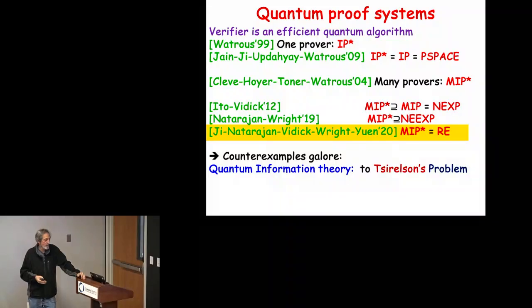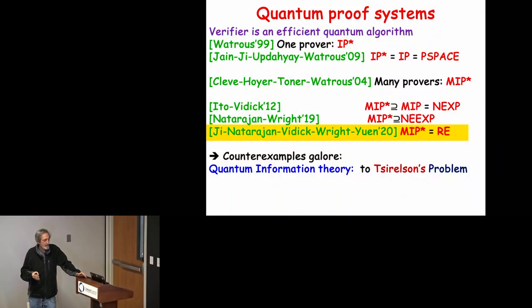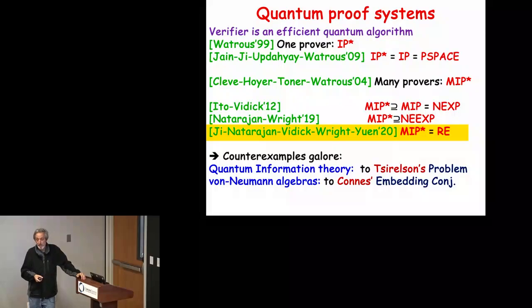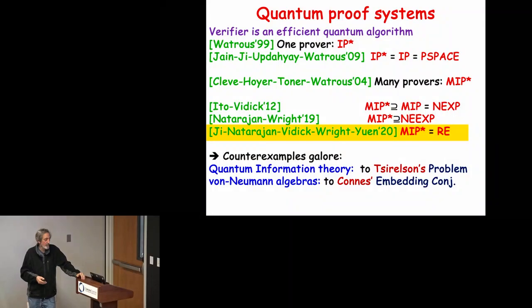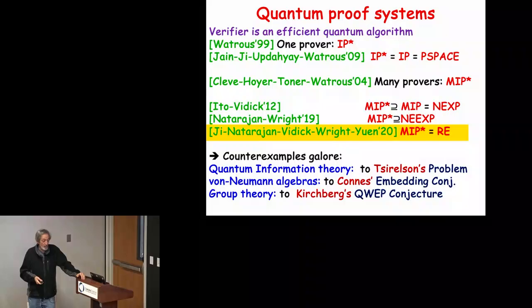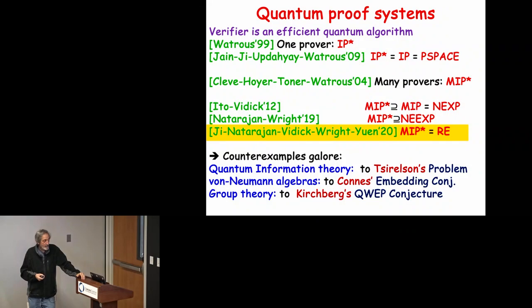This has to do with notions of measurements that I'm not going to get into. But anyway, it resolved a major question in quantum information theory. It gave a counterexample to Connes' embedding conjecture. This is a conjecture for von Neumann algebras and in group theory, and by now we know more. So somehow this model is not as ridiculous as you might think. It connects to real, important problems in this field.